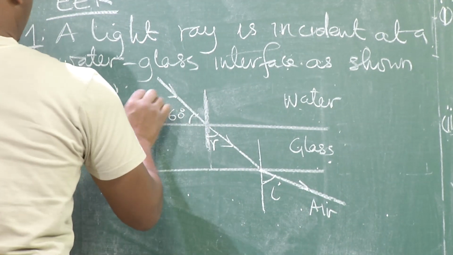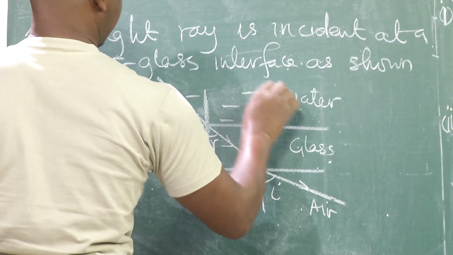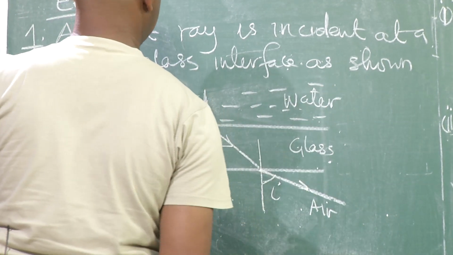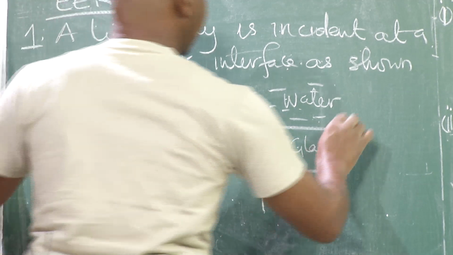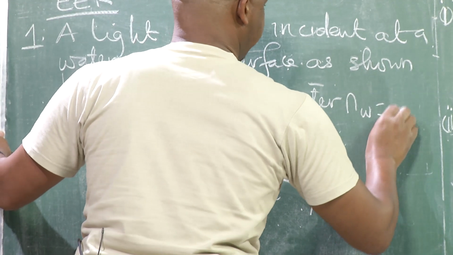We have water in the first medium where we have the incident ray, and then we have glass, and we have air.